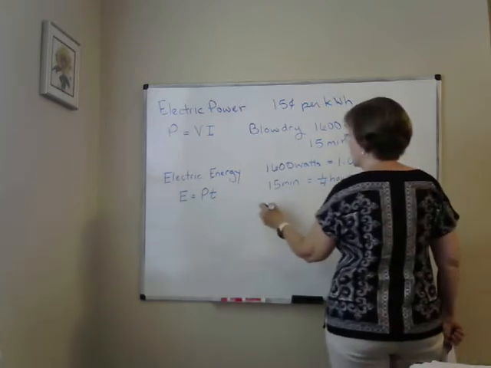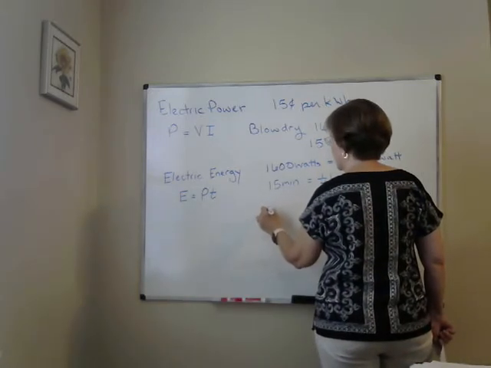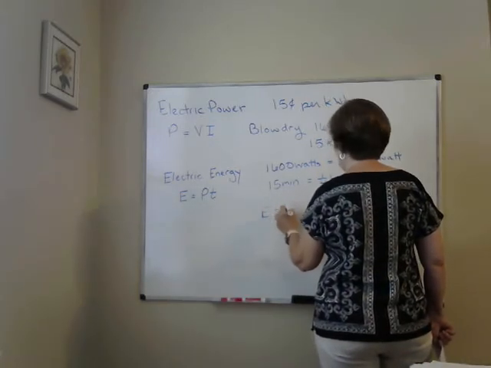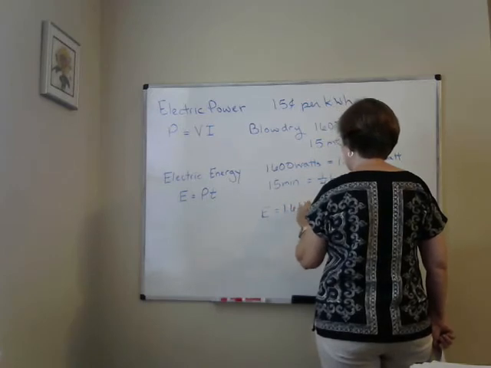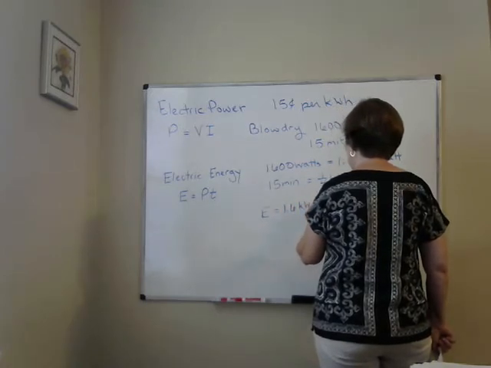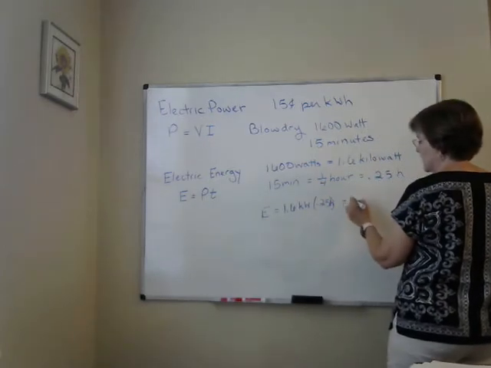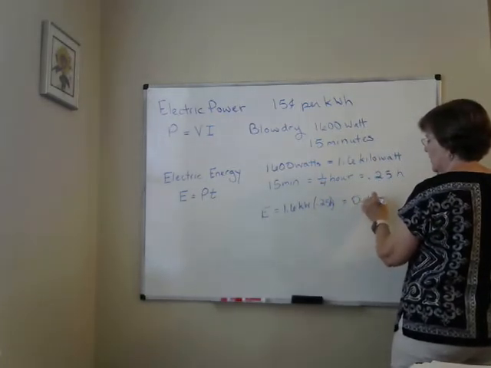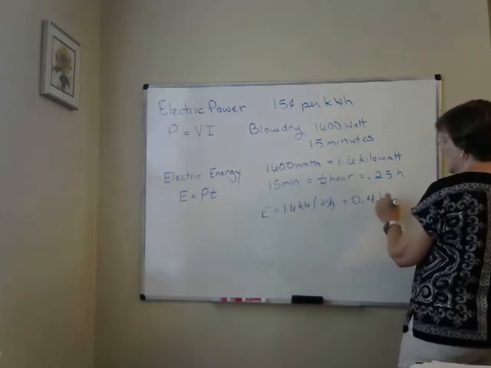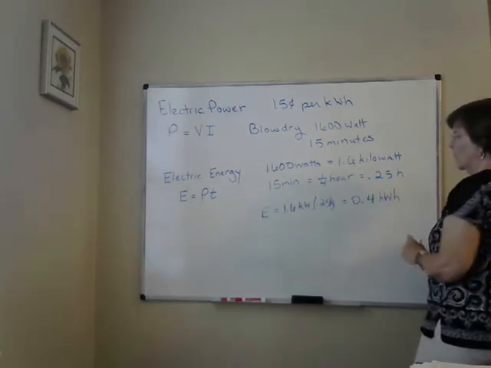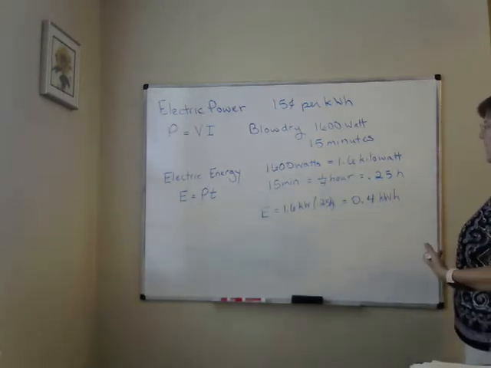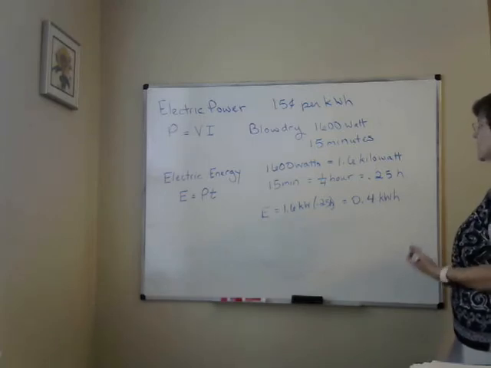All right, so the electrical energy used is 1.6 kilowatts times 0.25 hours, which is going to be 0.4 kilowatt hours. 1.6 times 0.25, that's just a fourth, it's 0.4 kilowatt hours.